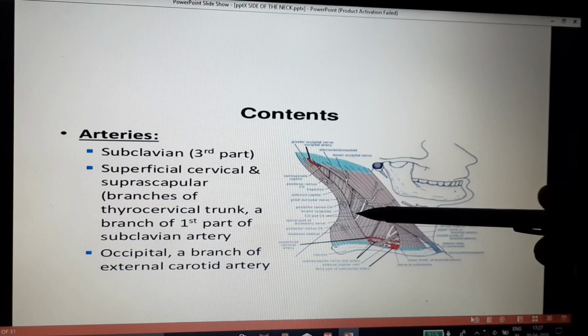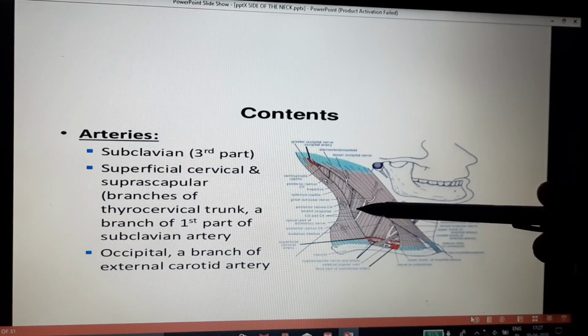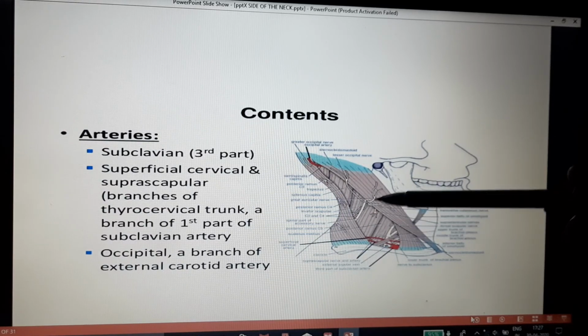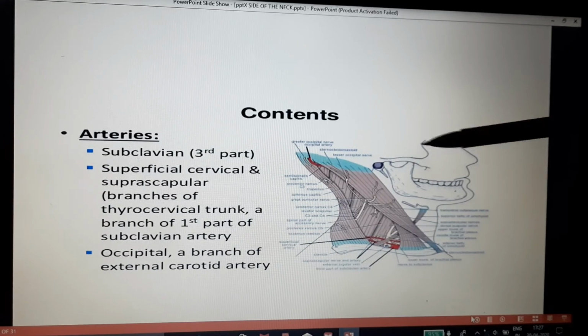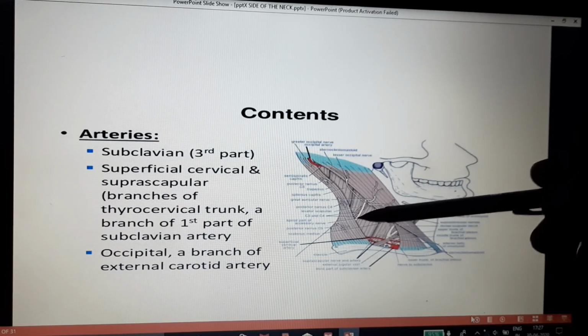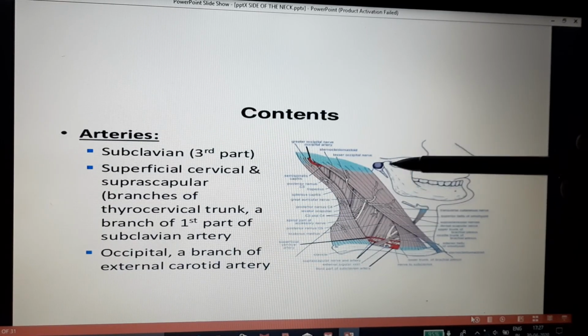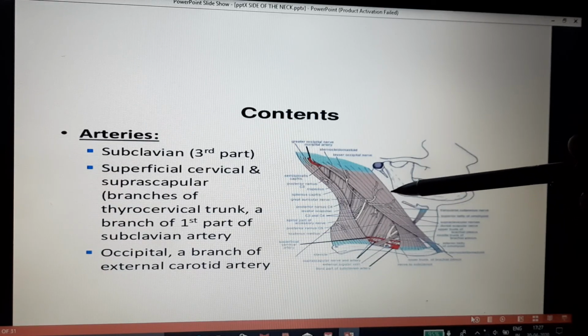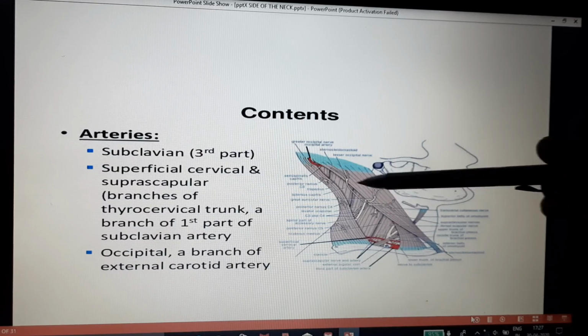We can also see two nerves arising from the C3 and C4 spinal segments. These are the sensory nerves which supply the trapezius. We can also see here the cutaneous nerves which I have discussed earlier.